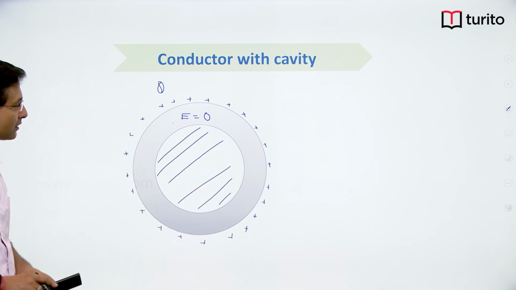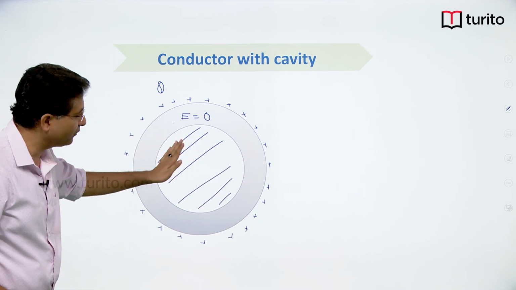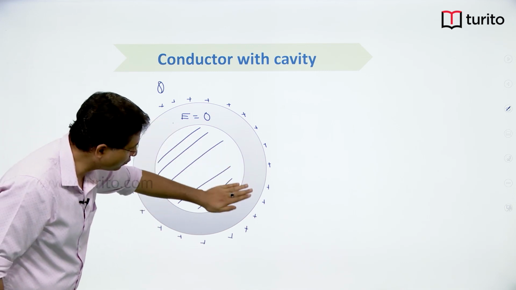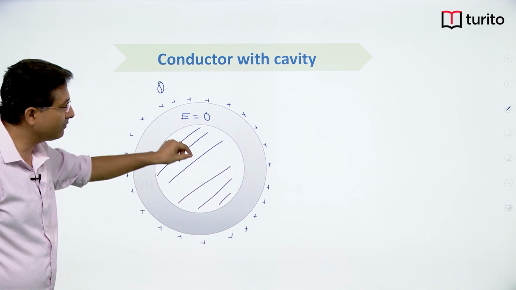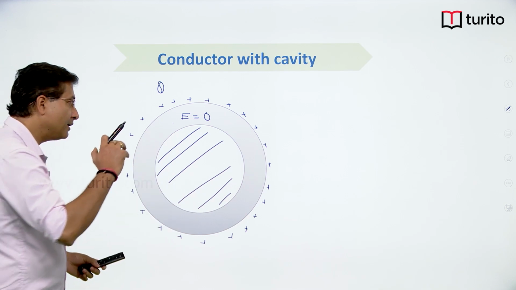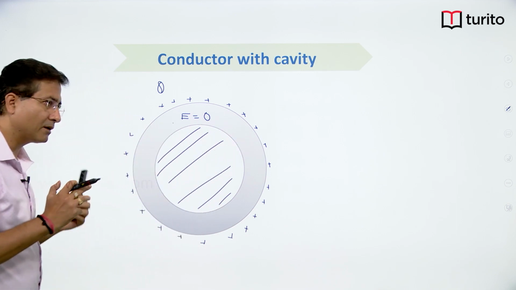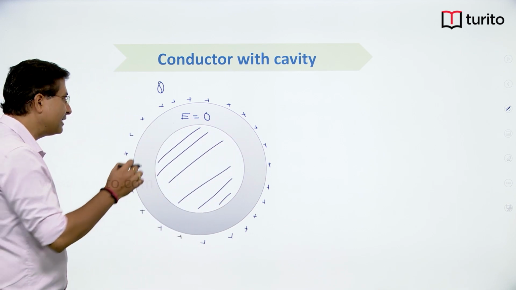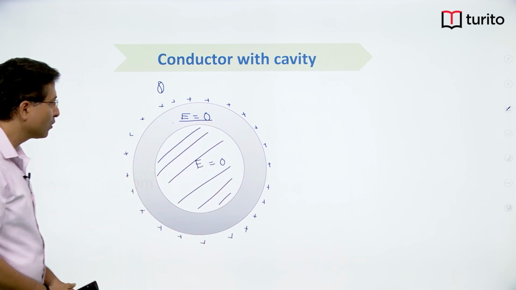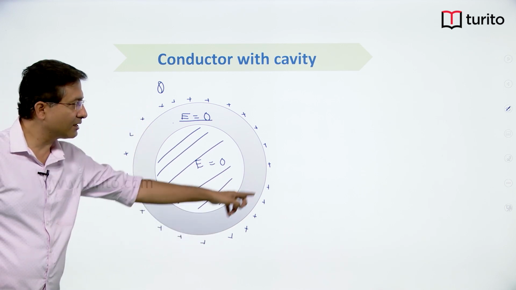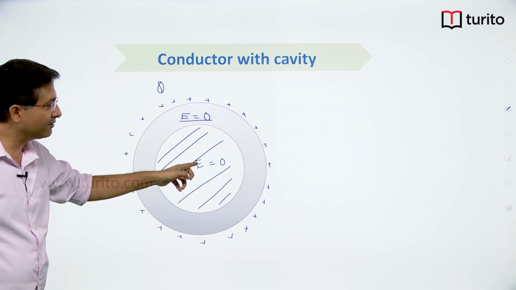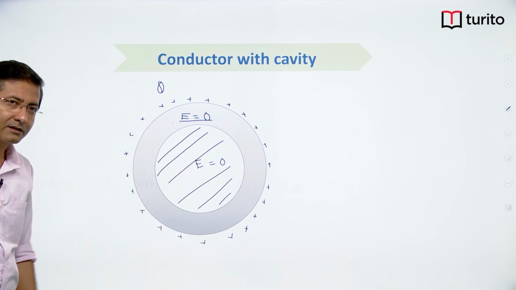When the cavity was not created, throughout the whole conductor, everywhere field was 0. Now, if I scoop out some part, I have removed the same number of protons and electrons, so the condition is still valid. Because of this outside charge, everywhere on the conductor and inside the cavity, field is 0, you can see.